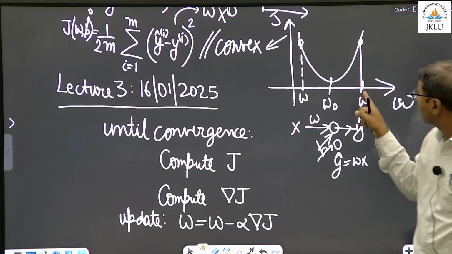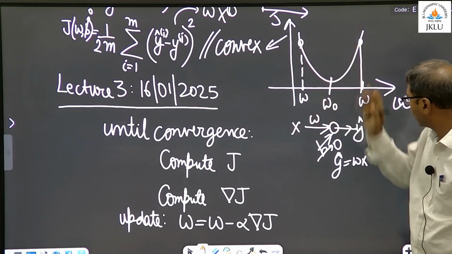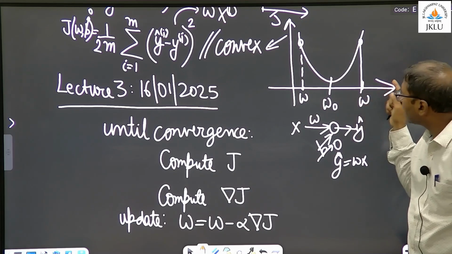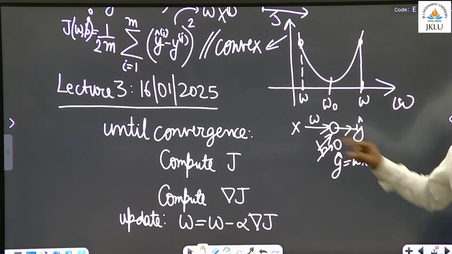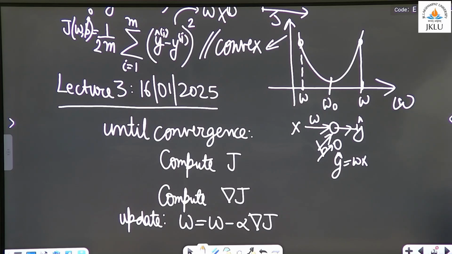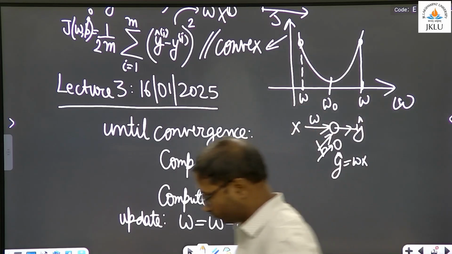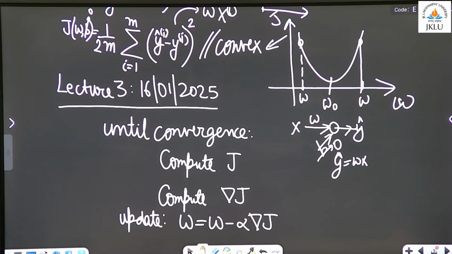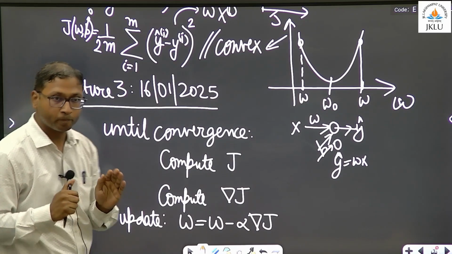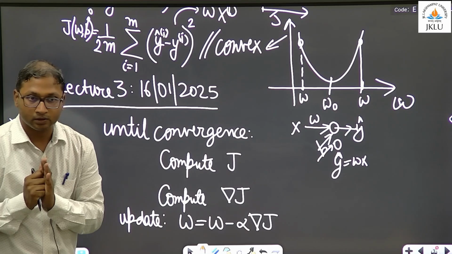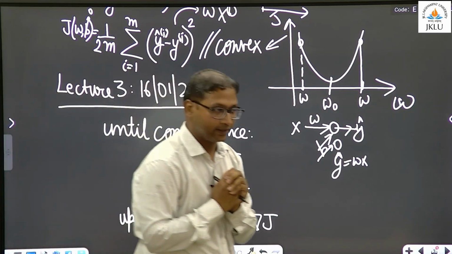Now next. So let's say we start from here. This I'll come to later. We start from here. I should go towards the left. How does this algorithm ensure that? So how do you define a gradient?